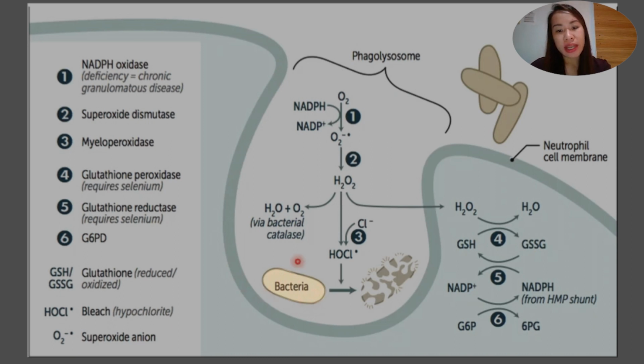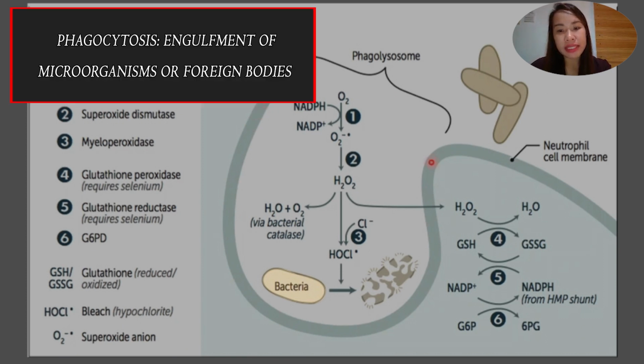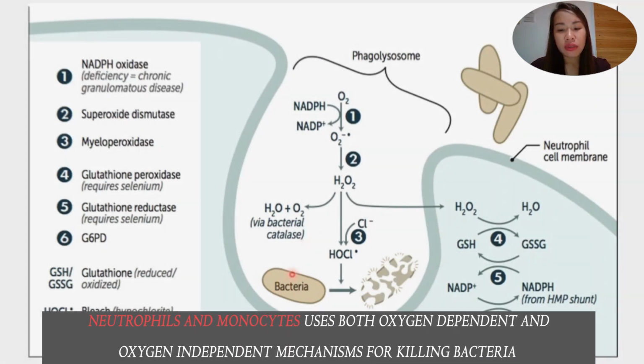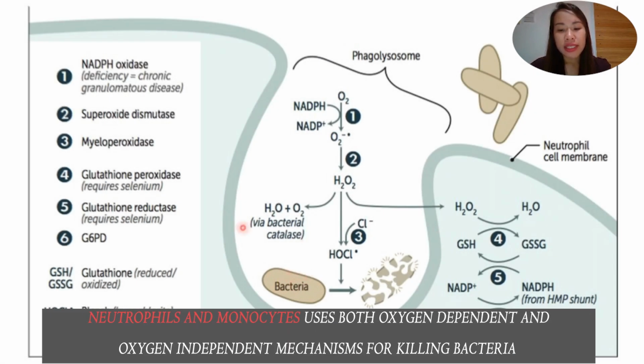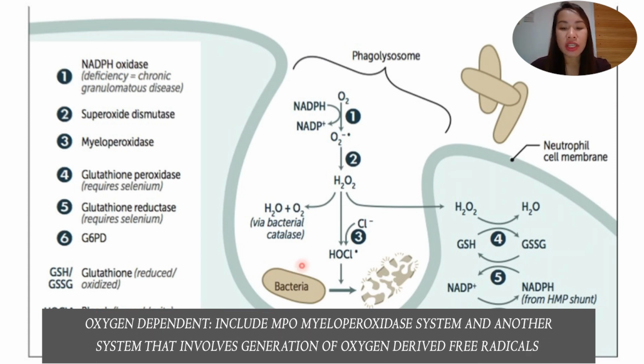This is the bacteria, and phagocytosis by the white blood cells is the engulfment of bacteria or any foreign body. It could be neutrophils and monocytes that do this. They use both oxygen-dependent and oxygen-independent mechanisms for killing bacteria. So first, let's discuss oxygen-dependent.